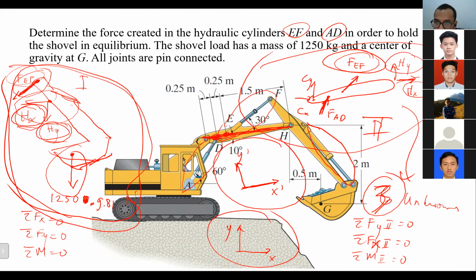So I extended EF so that the line of action would touch the 1.5 mark on the right side. And then I figured out the new FH using tan 30.